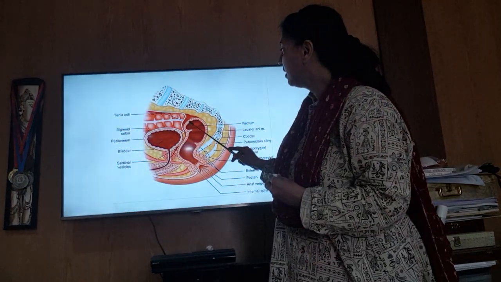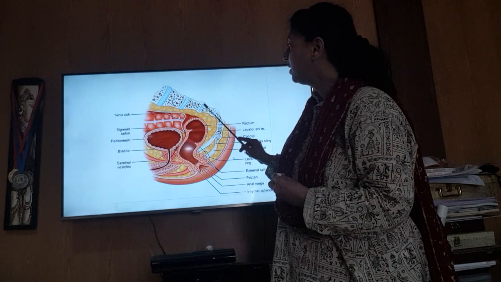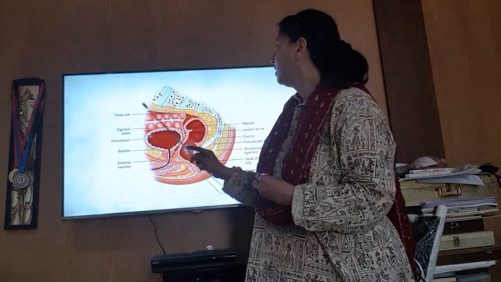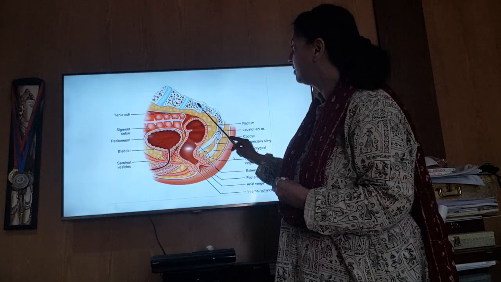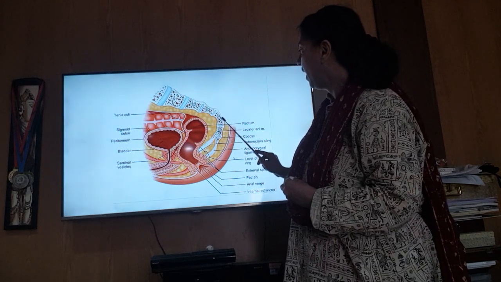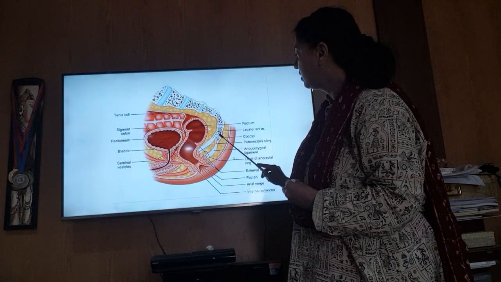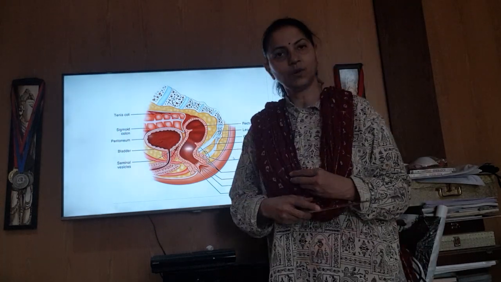It begins at the level of S3, that means the third sacral vertebra. See, this is S1, this is S2, S3, S4, S5 and this is coccyx.